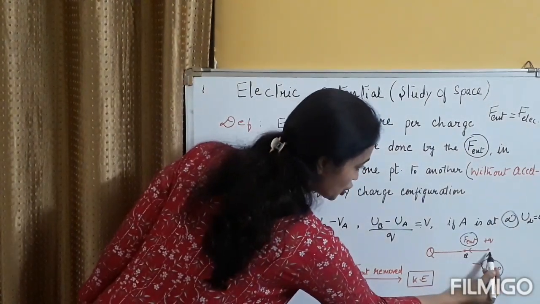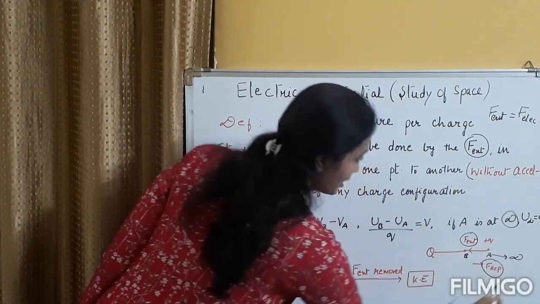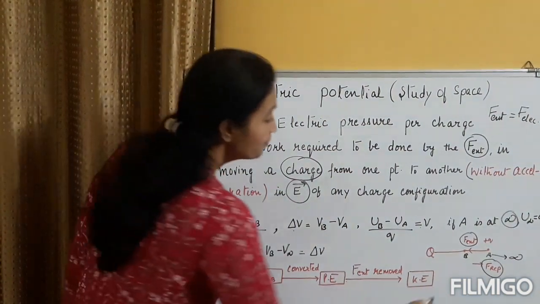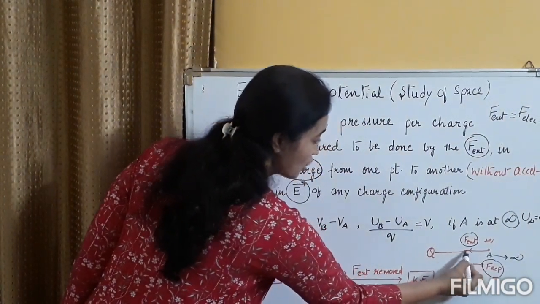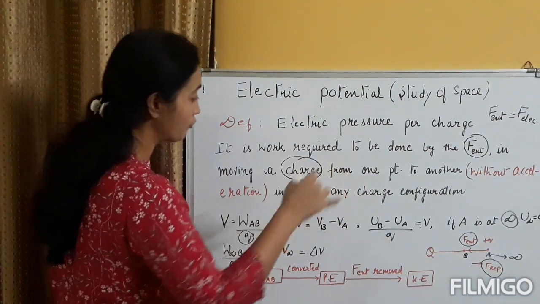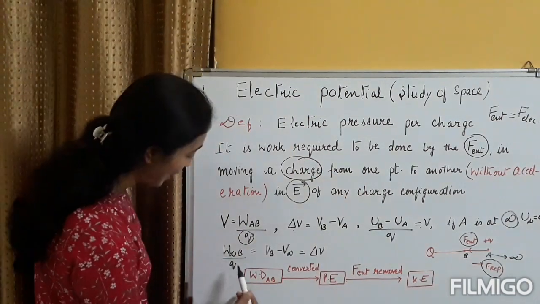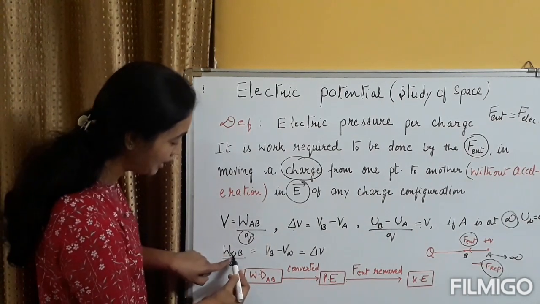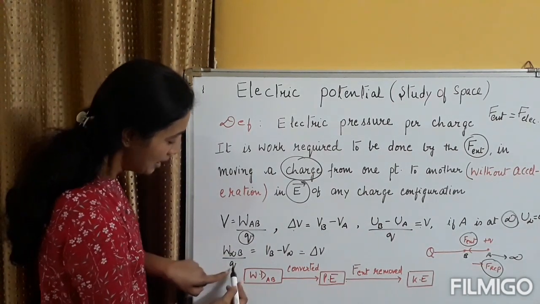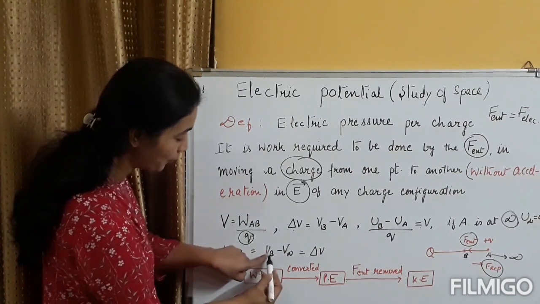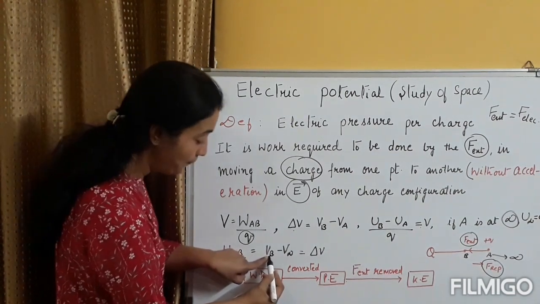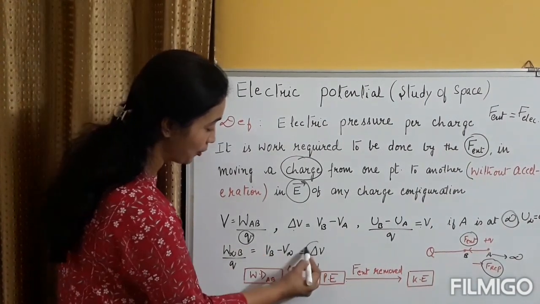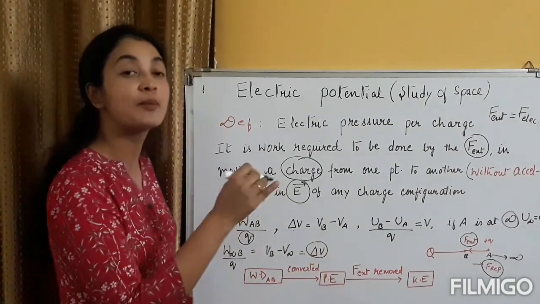So if the initial point is at infinity, then at infinity the potential energy is 0 and you are bringing the charge from infinity to any point B in the field of the source charge. We can write this as work done from infinity to B divided by charge Q. It is the potential difference between the points B and infinity. This is the potential difference, or you can say it is the potential value also.